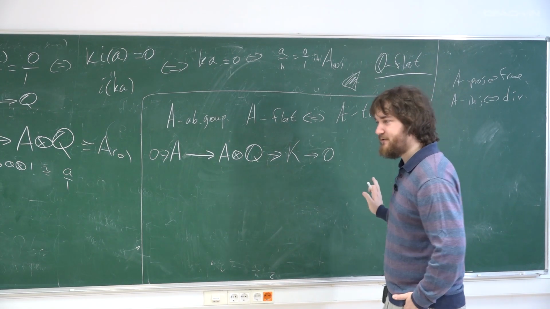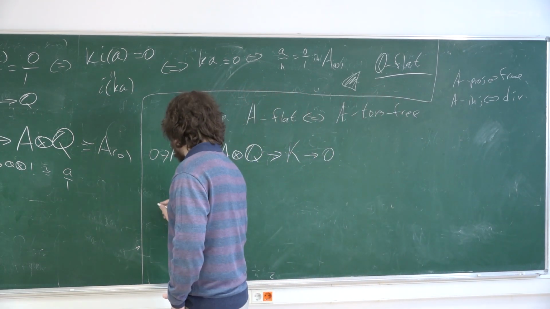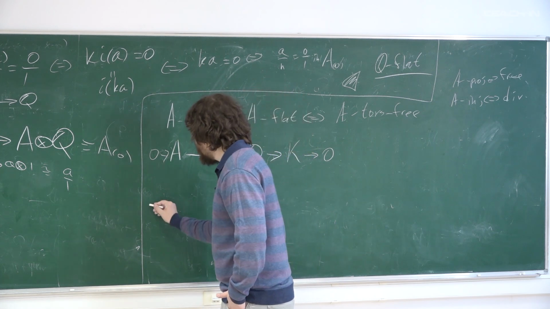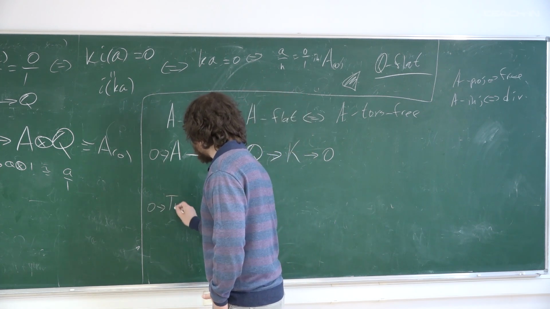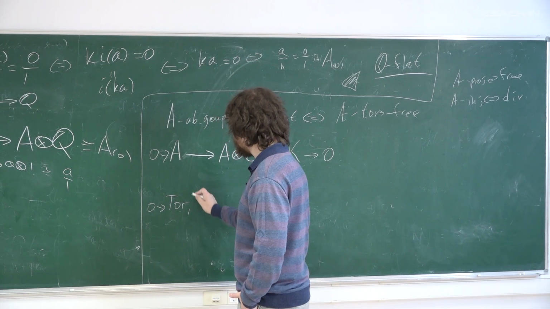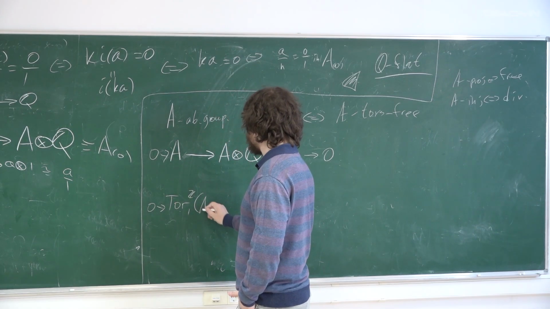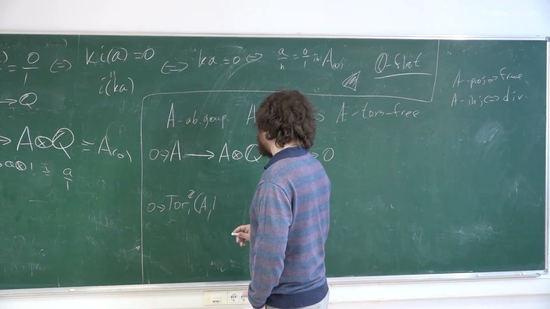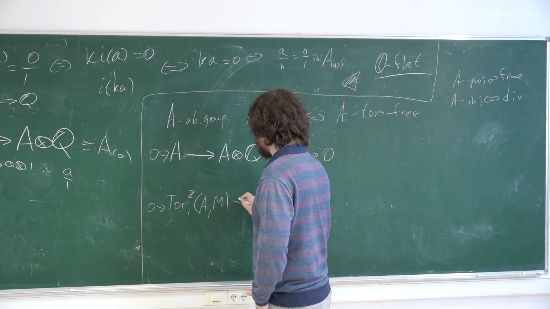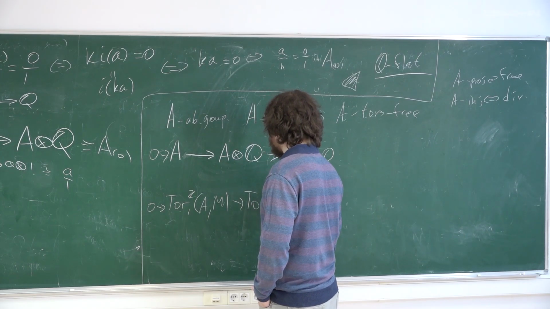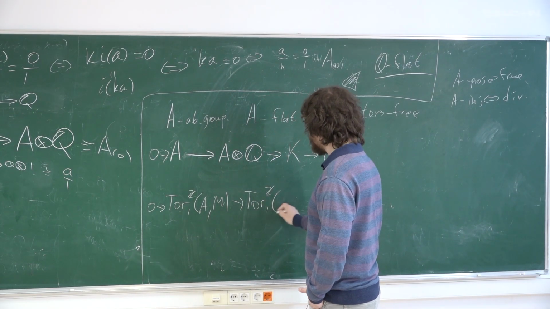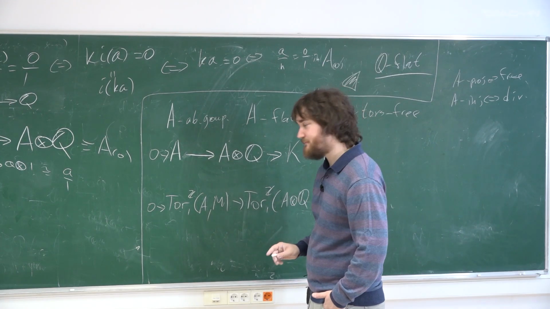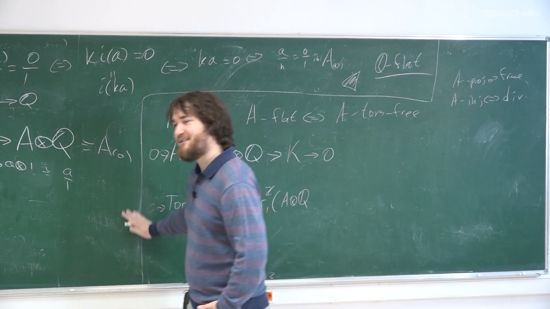Let's consider a long exact sequence in Tor, Tor with something. Why are we starting from one? Because it's abelian groups. We have no Tor second and higher.